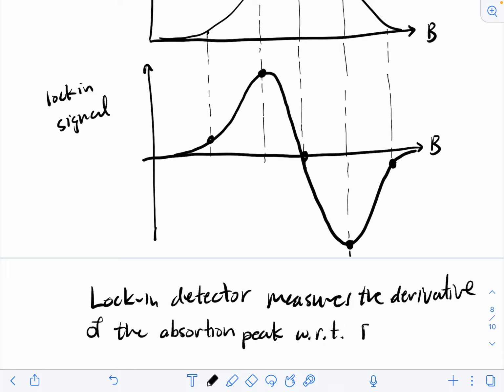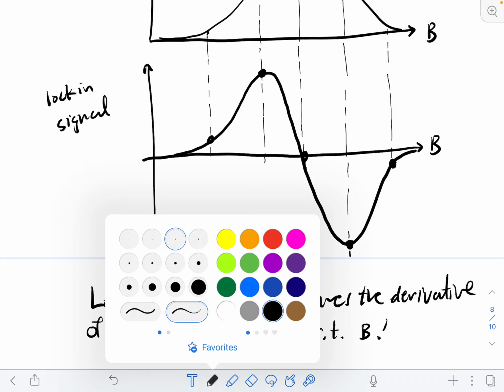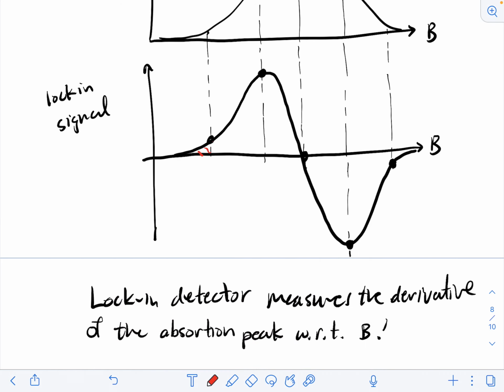Okay, and so if you wanted to, you could then recover the actual absorption peak by integrating the lock-in detector signal. So calculating this area underneath the curve. And so you'd start with a bunch of positive area first, so that would take you to the peak, and then you'd start adding in negative area that would take you back down to 0.